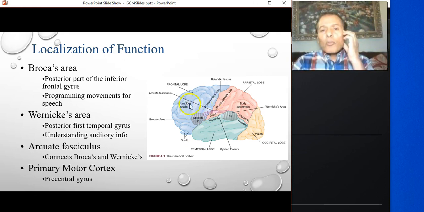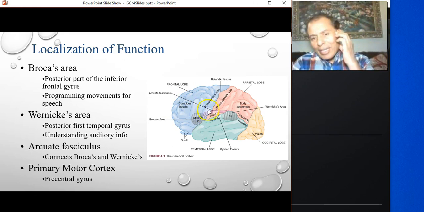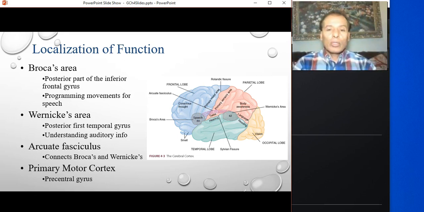After a lot of processing and working with other areas, Broca's area sends the information to the areas here to move your muscles of speech so you can say the word. So it has motor programming, not activation. The activation comes from the primary motor cortex itself.